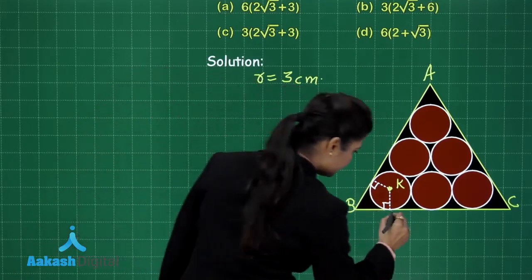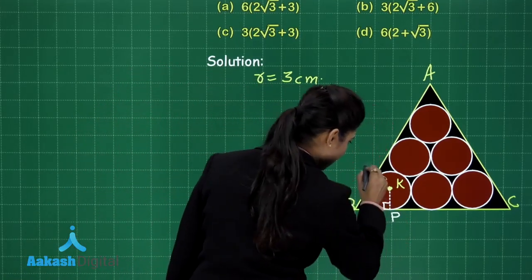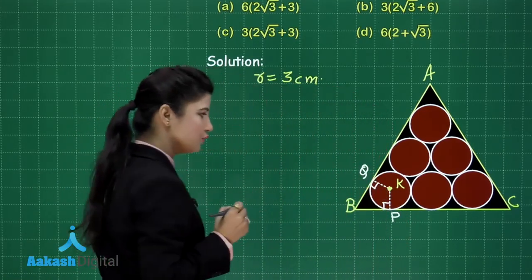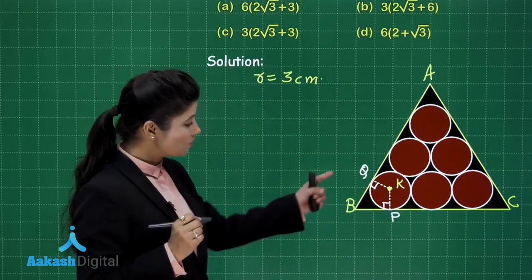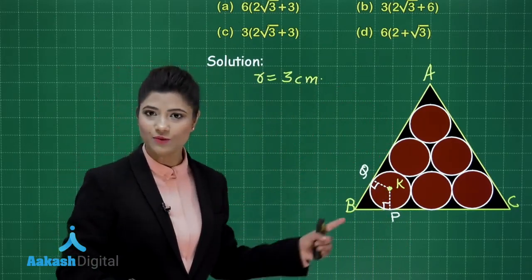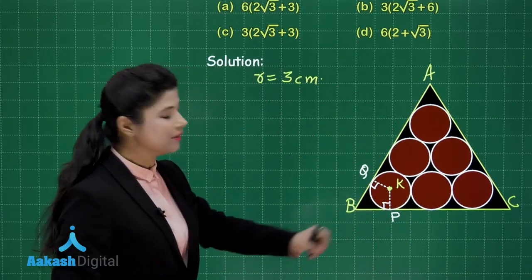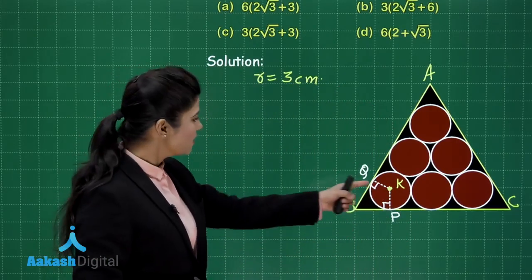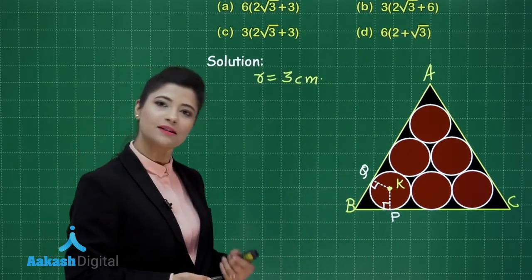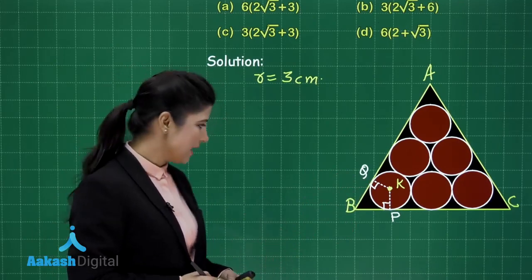So if I consider this is the point P and this is the point Q, KP, which is the radius of this circle, is perpendicular to the side BC, and QK, which is the radius of this circle, is also perpendicular to the side AB.